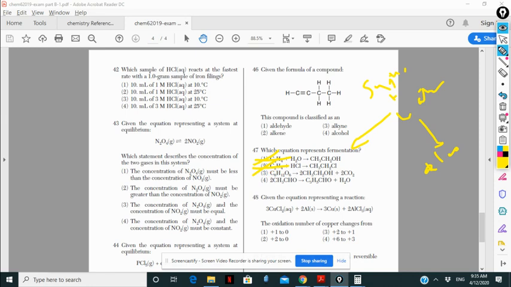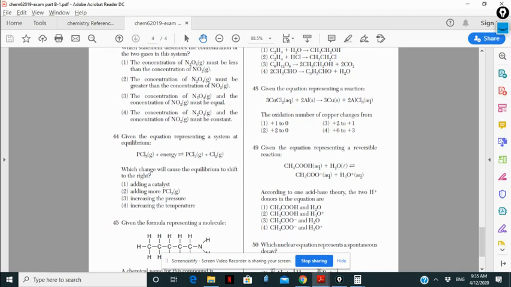So the first one, I'm going to explain it another way. This one is ethene, so it's not sugar. That's ethene too, it's not sugar. That's glucose, that's sugar. So the fermentation is going to be the second one, alcohol plus carbon dioxide. So the answer is 3.